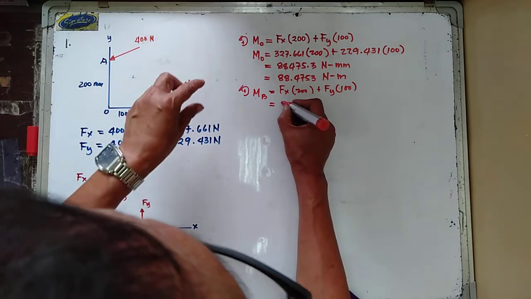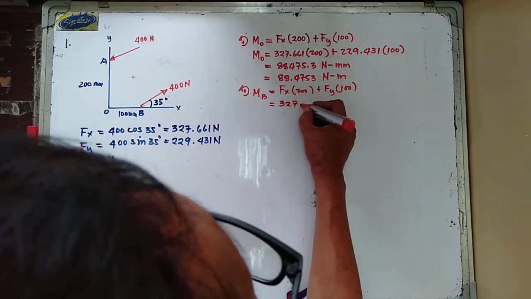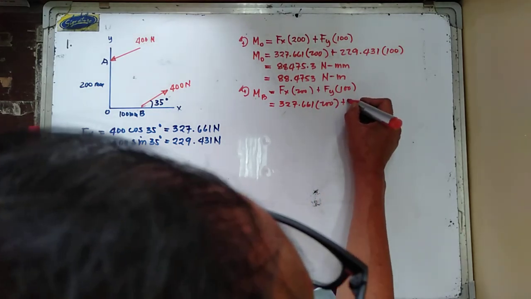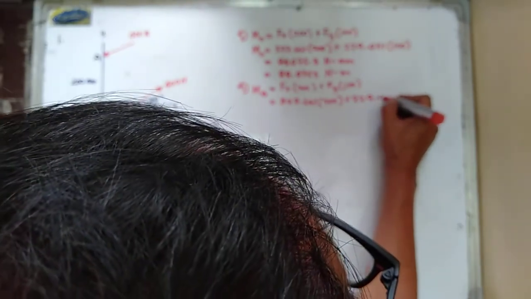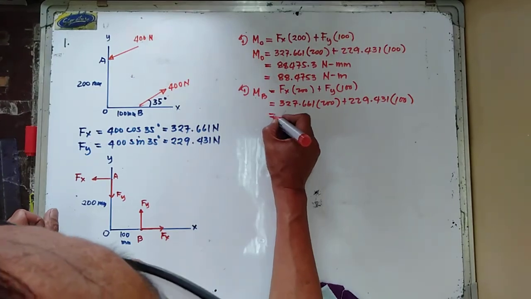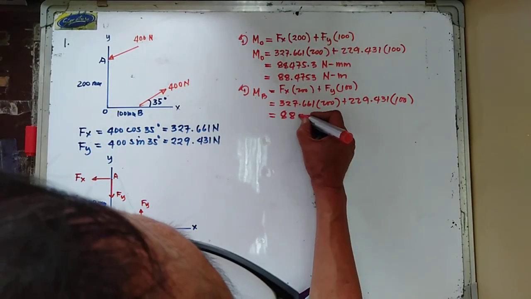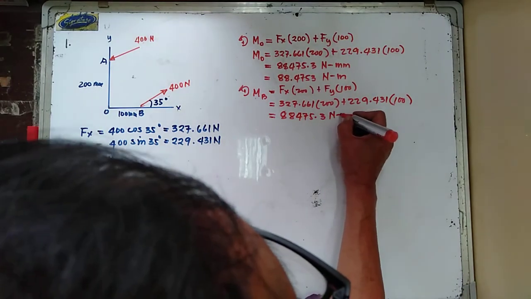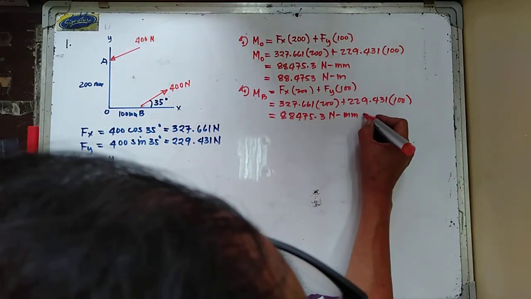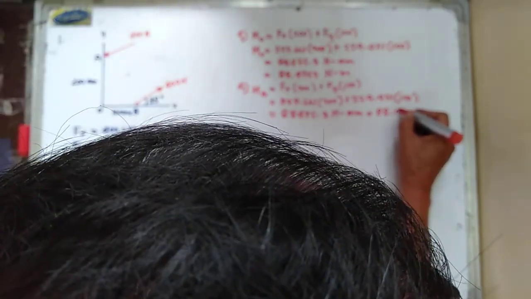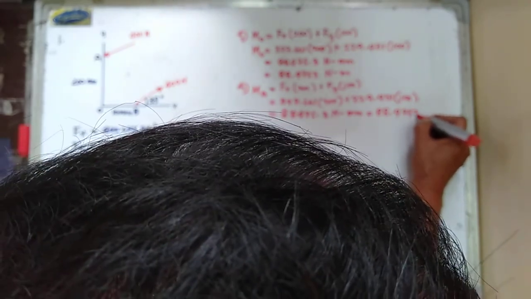This is still equal to 327.661 multiplied by 200, plus 229.431 multiplied by 100. So that is equal to 88,475.3 Newton millimeter, or 88.4753 Newton meter.